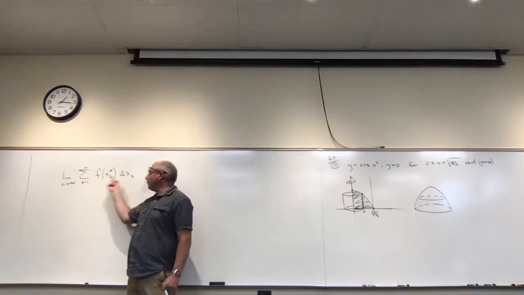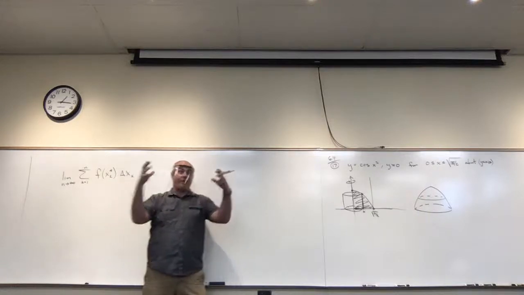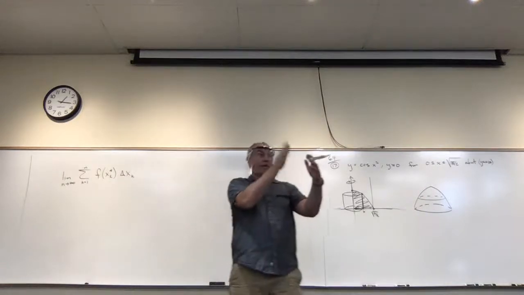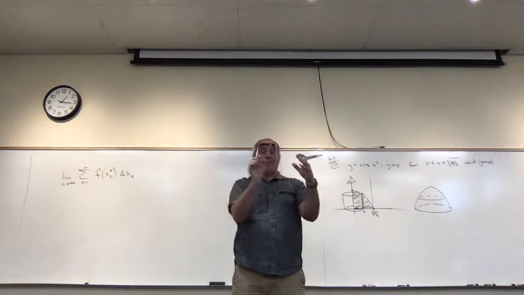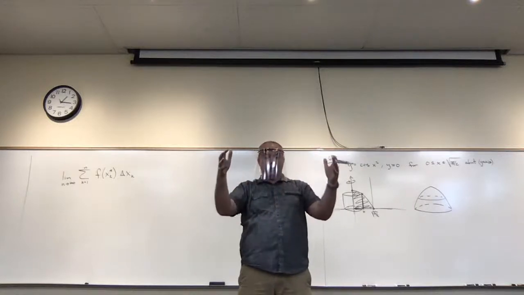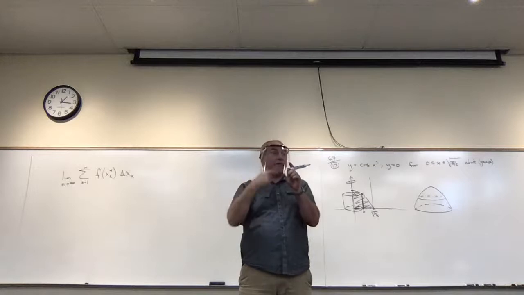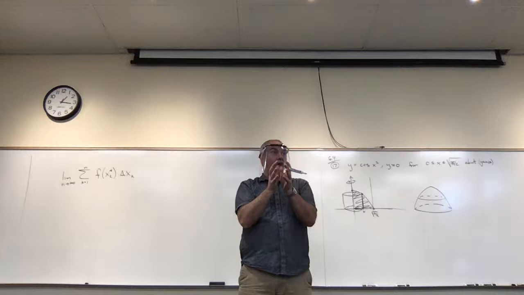And when you sum over the width of a bunch of disks, basically what you're saying is, let's say I have a football and I start cutting it up into disks, and each of those disks has a little bit of width. If I wanted the total volume, I could take that little tiny width, multiply it by the area of each individual disk, and that would give me some sort of a volume.